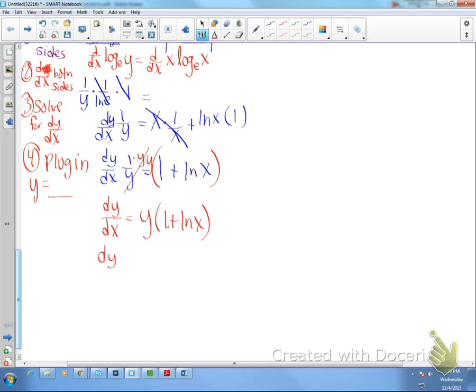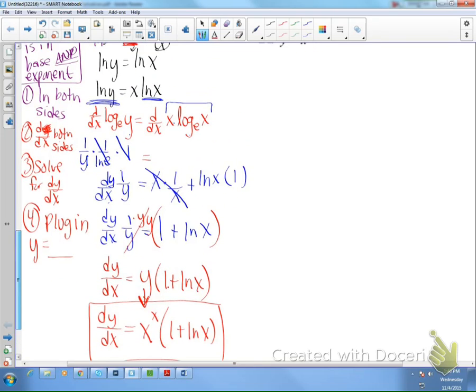Don't leave y in your equation. This should be all in terms of x, and that's something super easy to forget. So that y at the very beginning was originally written as x to the x power, so you just replace it with x to the x power.